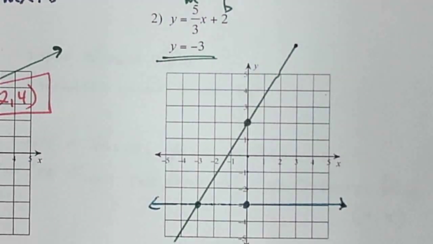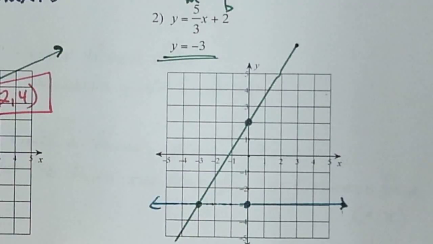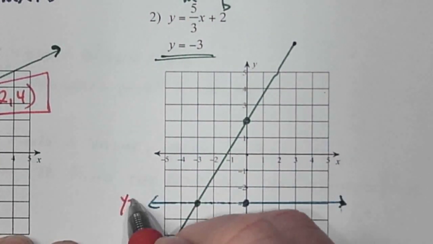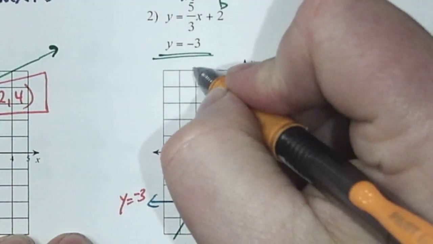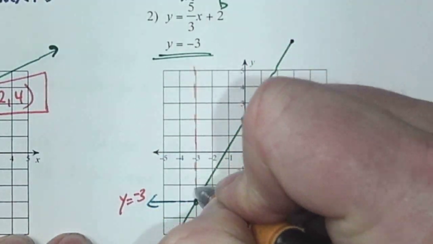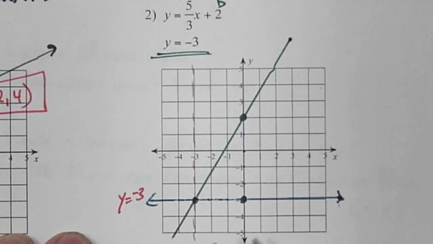and it crosses. So when it's y equals, it will go across this way. If it were x equals, it goes the other way. So this is y equals -3, but I'll give you a little hint. If it went like this, that would be x is -3.